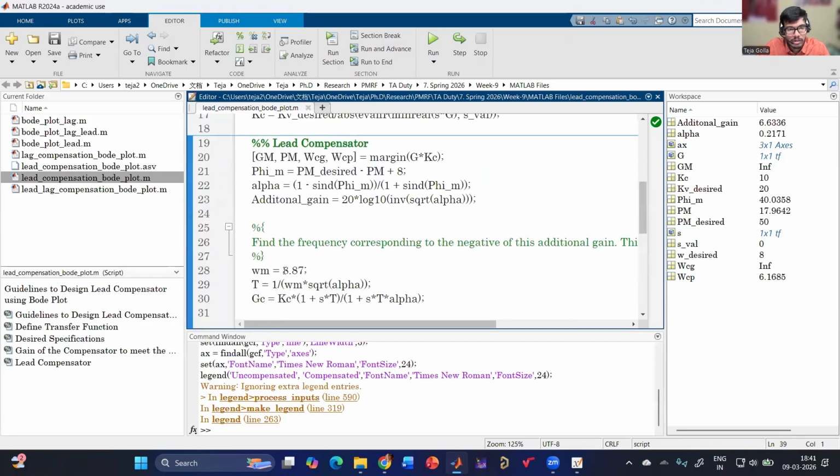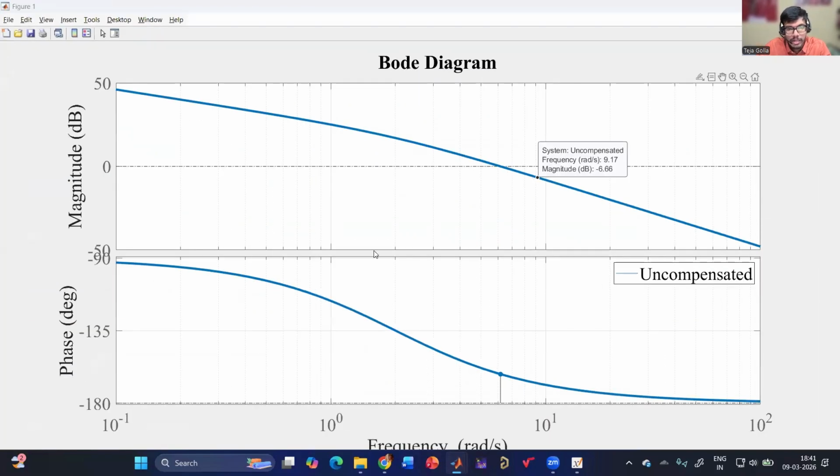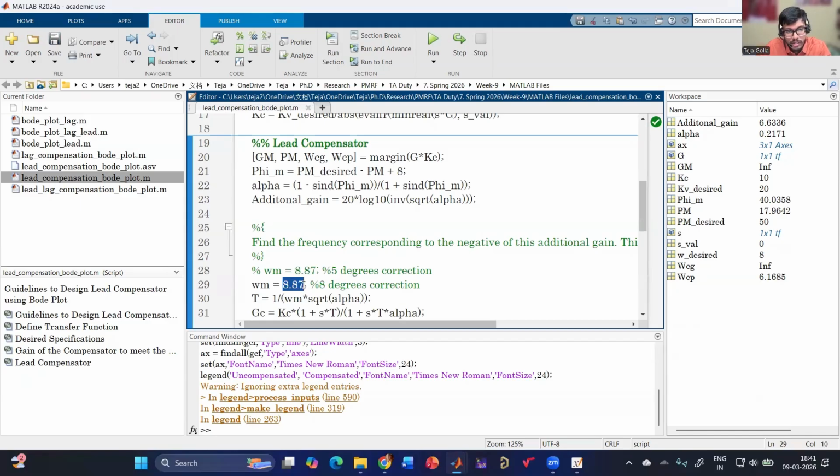Let me write this down. This is the 5 degrees correction, and if I go down, this is the 8 degrees correction, and it is coming to 9.17.